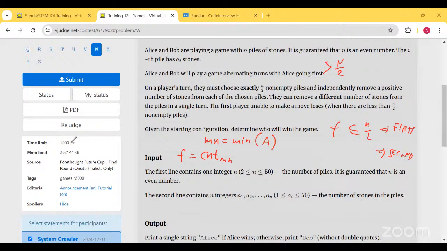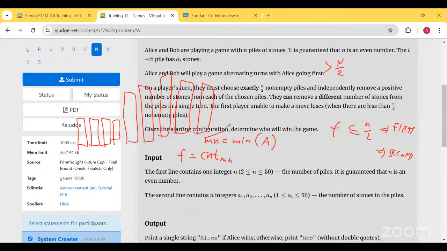So if some of them are minimum and the others are not minimum, just choose some non-minimum value to become minimum. So the number of minimum, or f, becomes added by n divided by 2. Is it correct? Added by n divided by 2 means always greater than n divided by 2, since f is always greater than or equal to 1.